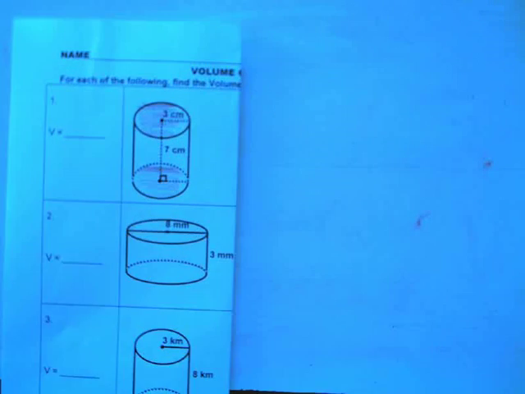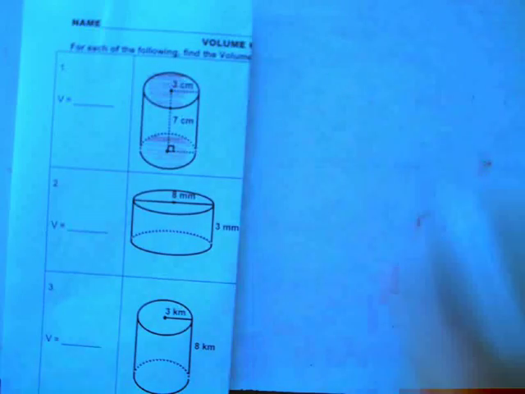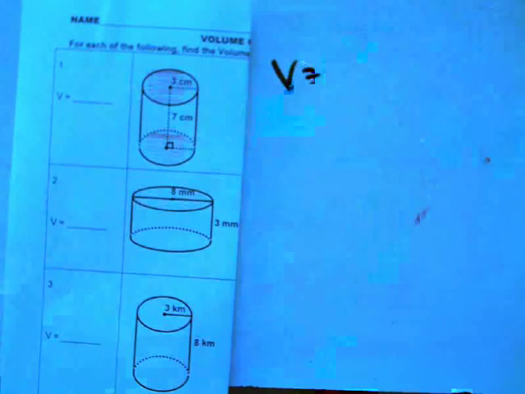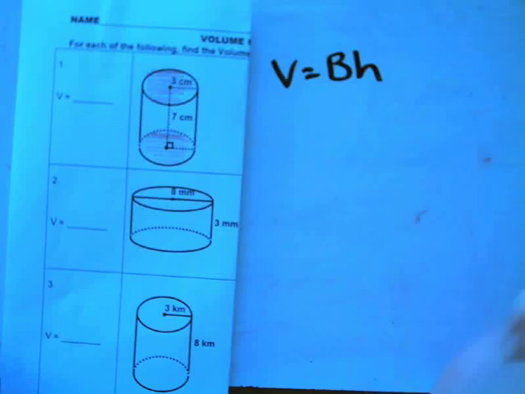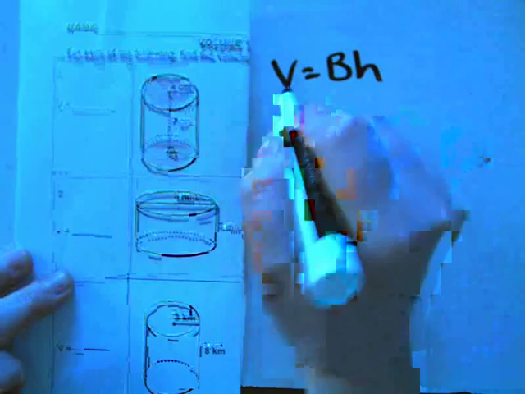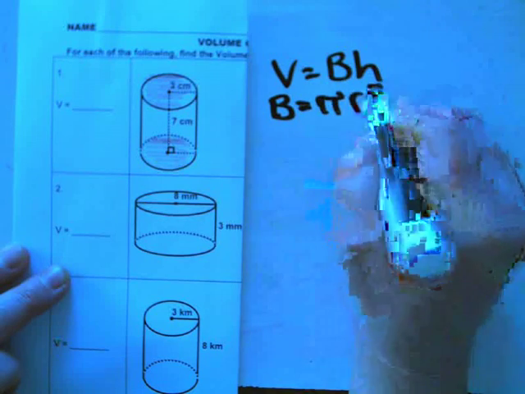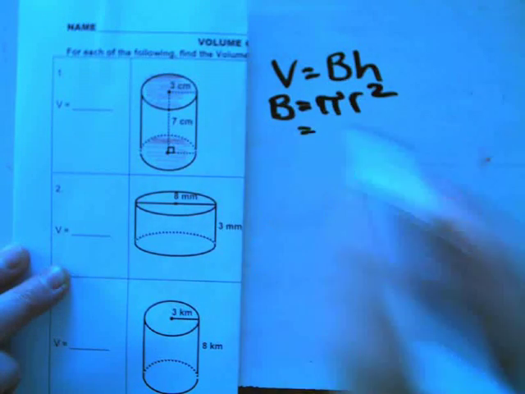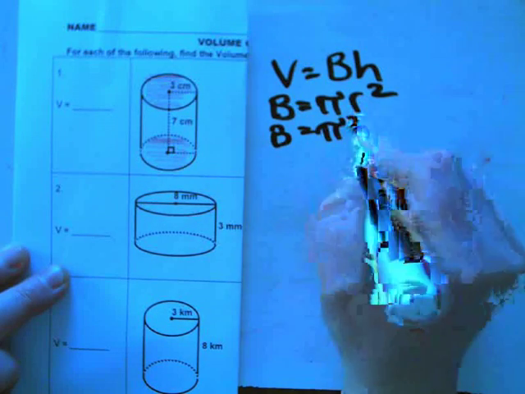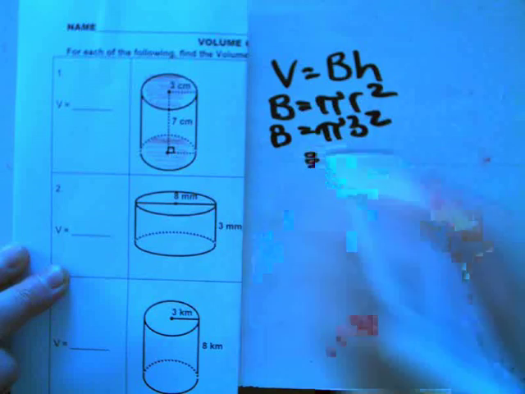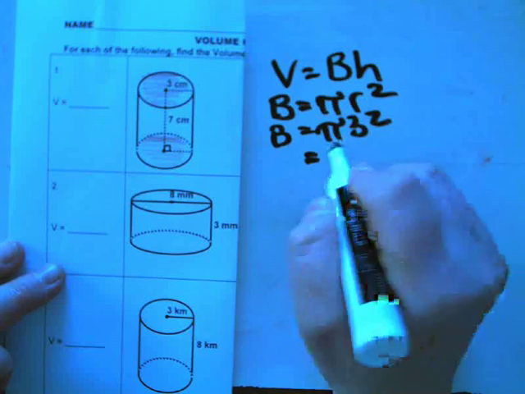And my height is the 7 centimeters. So I have volume equals the area of the base times the height. The area of my base is pi r squared. My base is pi times 3 squared, which is 9 times pi, which was 28.27.